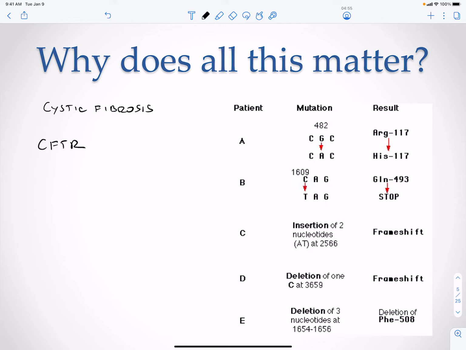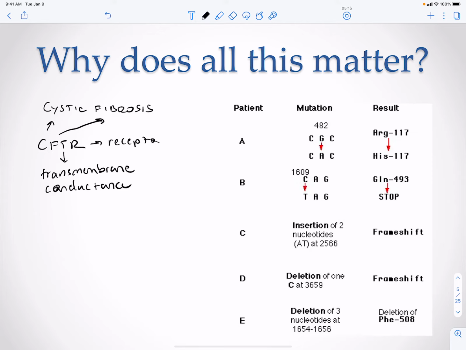So C means cystic, F is fibrosis, of course, and this is transmembrane conductance, and the R stands for regulator. Basically this is a chloride channel.